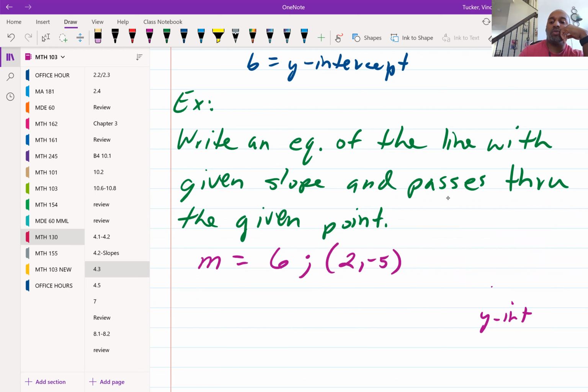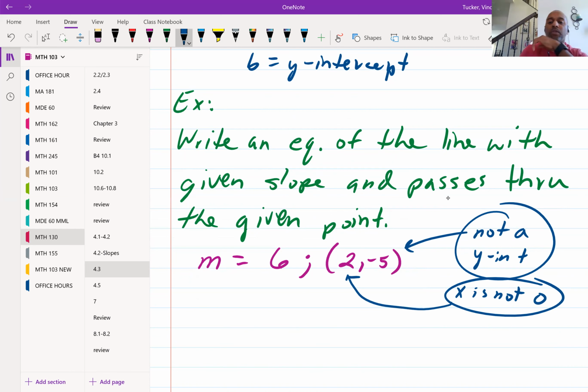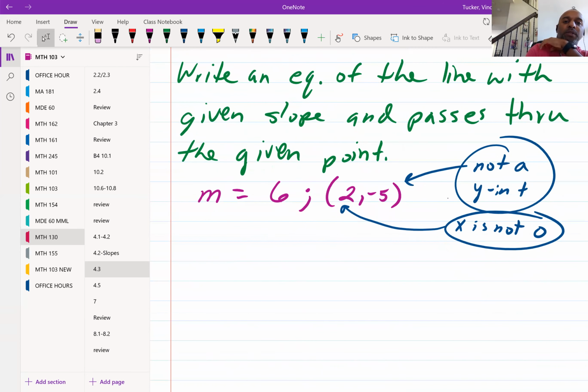All right, so maybe I can write this note: not a y-intercept. I can point to x. It's not a y-intercept because x is not 0. So if that's the case, then we need to use our point slope formula.